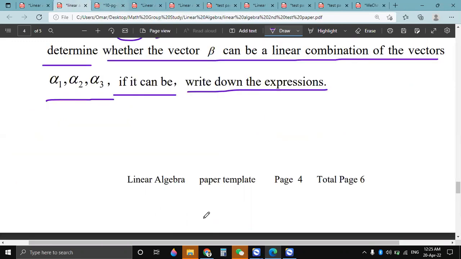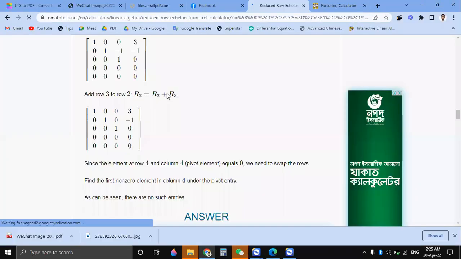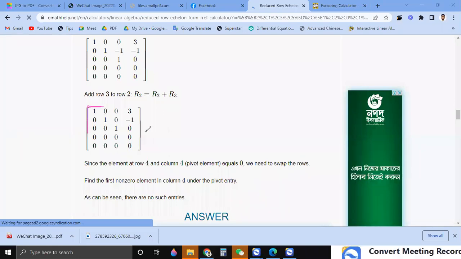If you see here, let me mark it for you. This part is independent, because here we don't have rows with all entries 0. But the last two rows here are not independent. This is dependent.